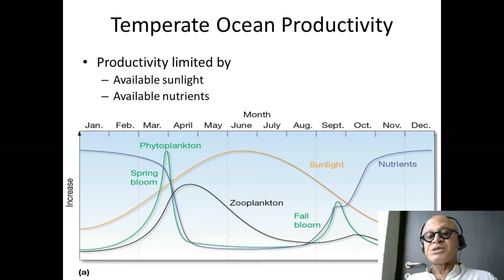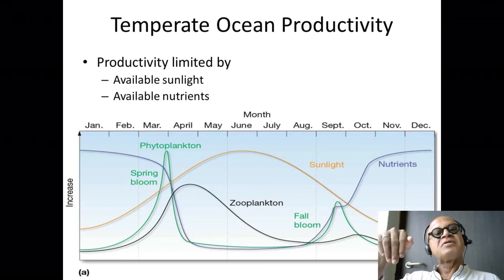But something magical happens. As sunlight begins to decrease, as the sun is traversing back across the equator to the south in the fall months, what happens? The cooling begins again because the sunlight is decreasing, which means the mixed layer is going to become deeper again.